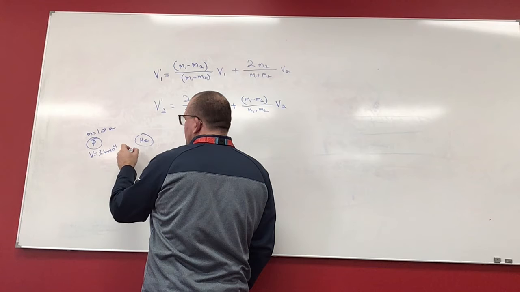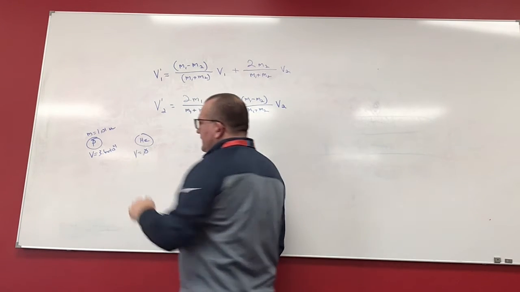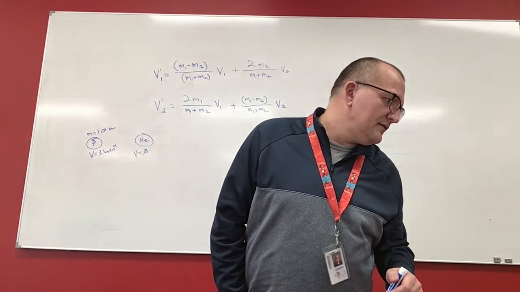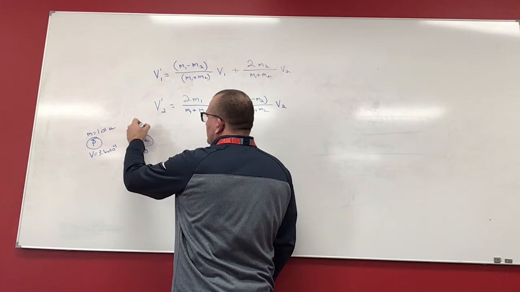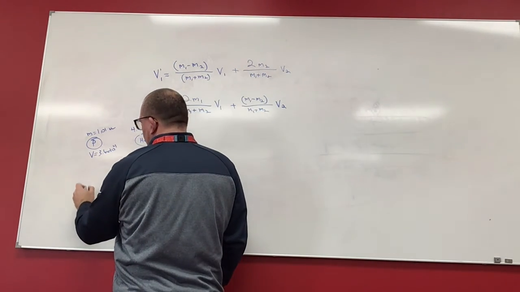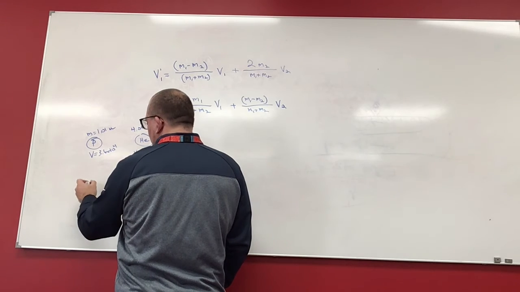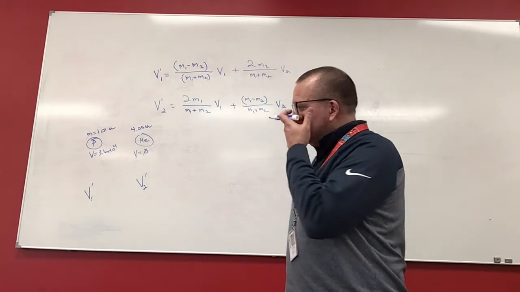The helium atom is at rest, so it has no initial velocity, and its mass is 4 U. We want to find both of their velocities, so we want to find this after and this after. I'm going to call this one 1 and this one 2, just because I had to pick.